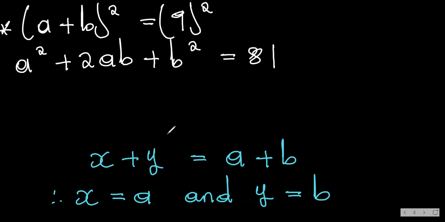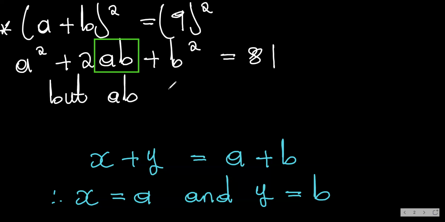But then we know what AB is. We really know what AB is. We know that AB is 14. This is what we know.